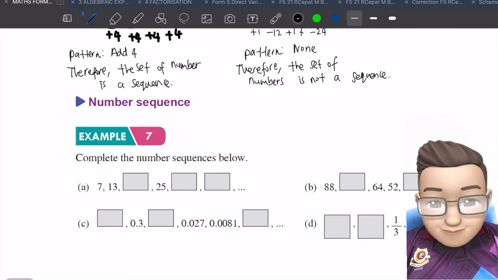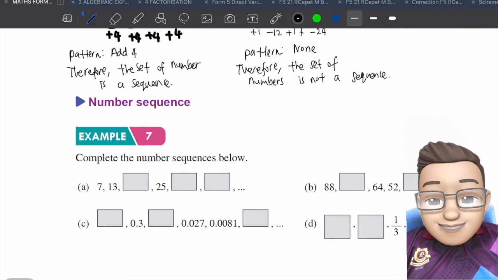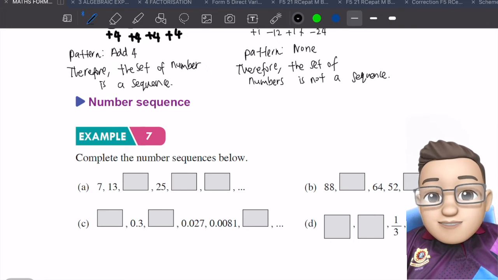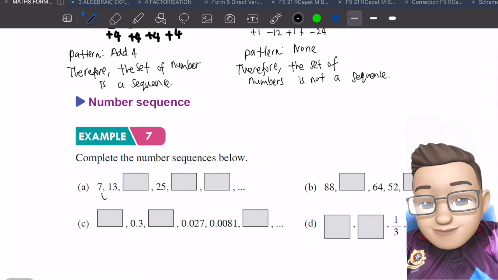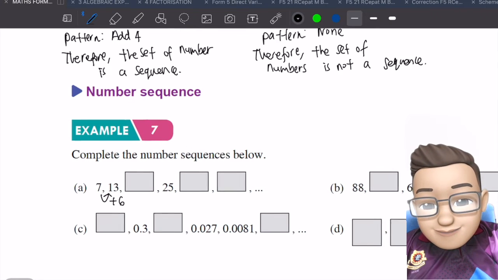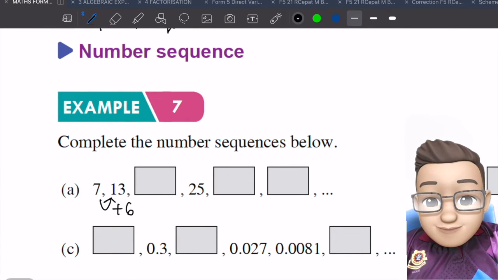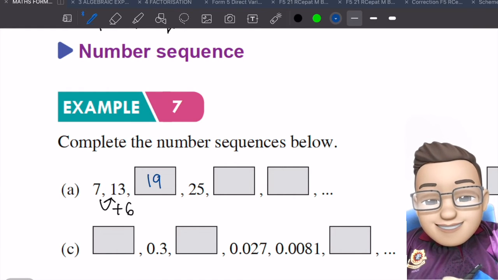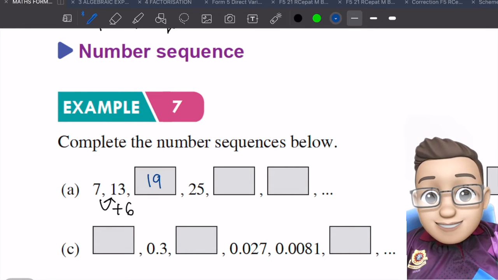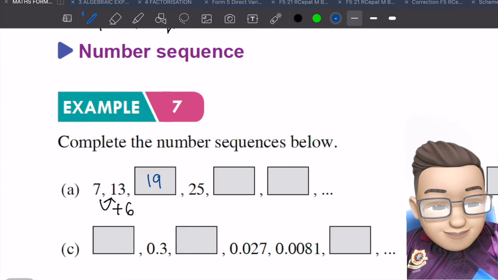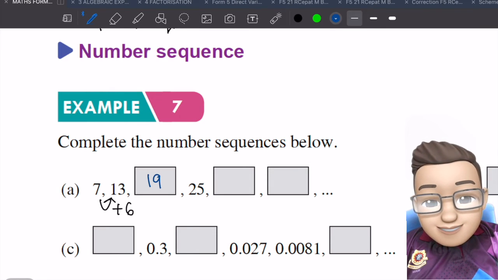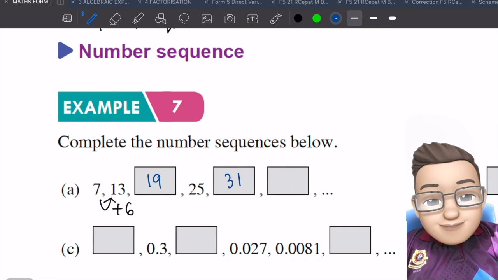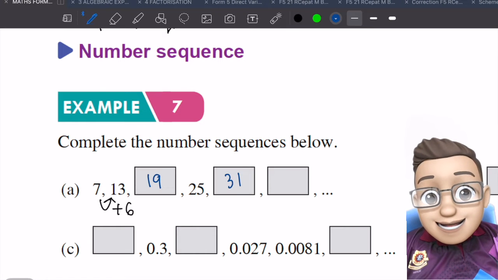For the first one, we have 7 and then 13. How can 7 become 13? 7 plus 6 gives us 13, so for the next number we must add 6. 13 plus 6 gives us 19. 19 plus 6 gives you 25. 25 plus 6 gives you 31, and so on. You can calculate it yourself.